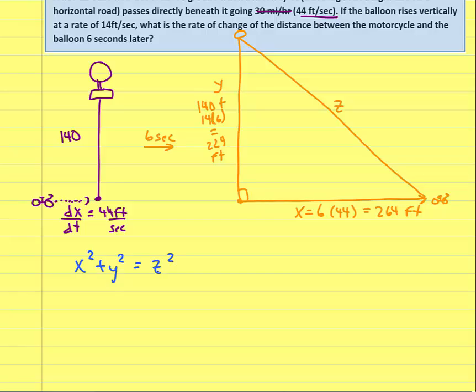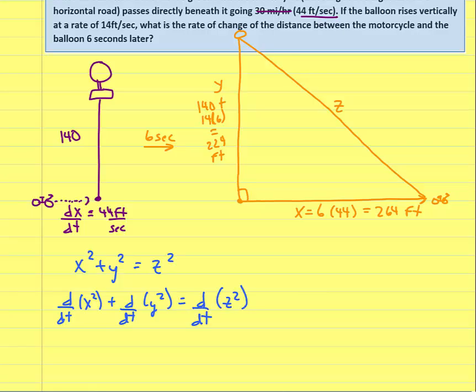Now what I want to do is take the derivative with respect to time. So I have d/dt of x squared plus d/dt of y squared equals d/dt of z squared.